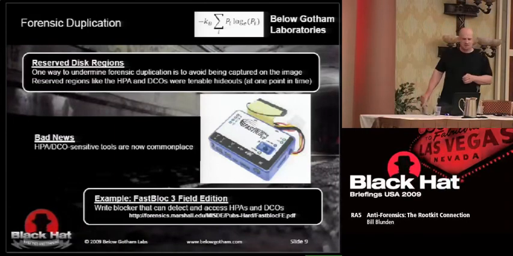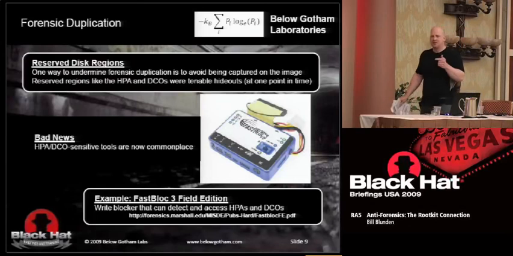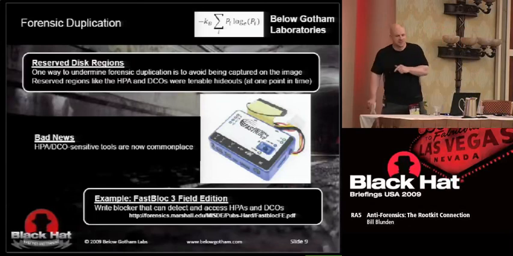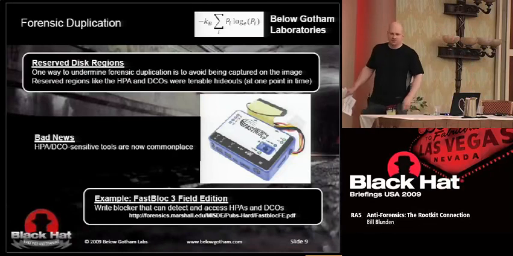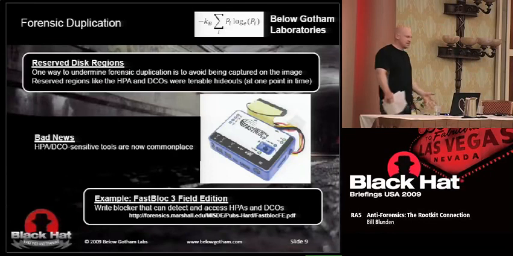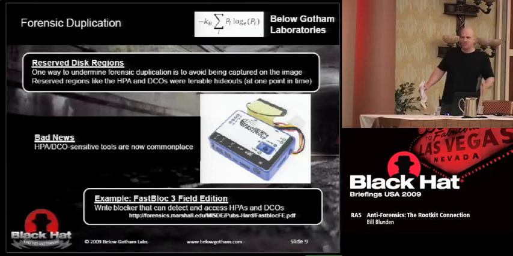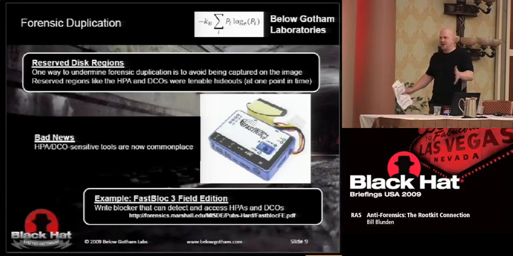In the old days, the host protected area and device configuration overlays used to be a place where you could hide, because if the investigator was being sloppy or using old tools, or maybe they couldn't afford good tools, the tools wouldn't be able to access these regions. Unfortunately, most of the standard software today will detect and access these regions. So this is one place where the software vendors have done a good job, and they've put the kibosh on our little hiding space.